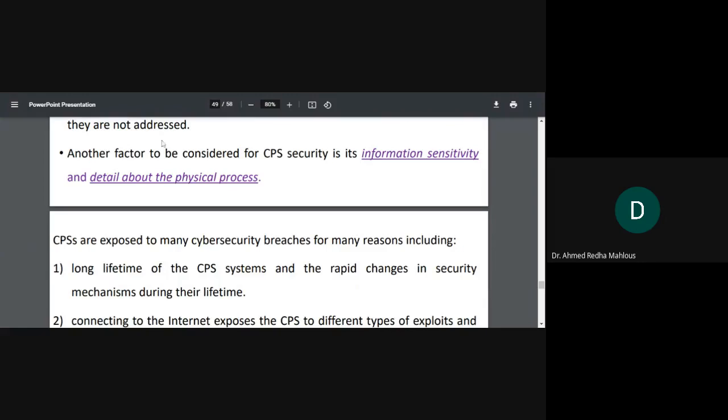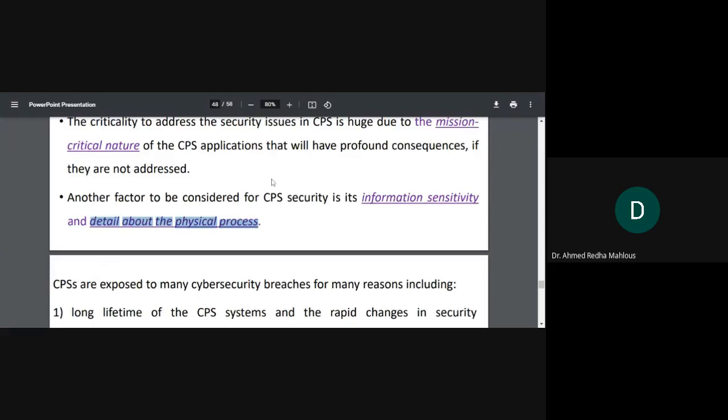Another thing to consider when we talk about CPS security is information sensitivity and detail about the physical process. As we mentioned, CPS collect data from some environment, which means that data is sensitive. It is private data that should be kept secret, and CPS devices also give us the details of the physical process, as we mentioned with pattern obfuscation.